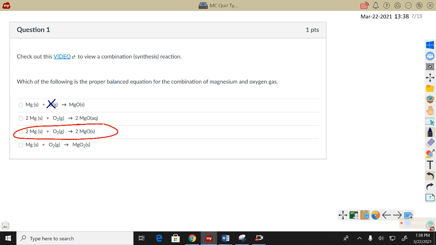Then I'm going to join the element symbols. Magnesium plus oxygen forms magnesium oxide. And when I join the symbols, I got to check the charges anytime I make a new product. So my magnesium is +2. My oxygen is in the group that's -2. This thing is neutral.